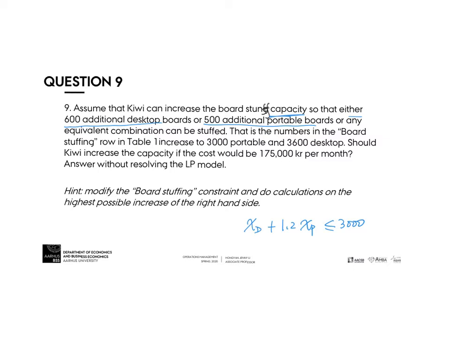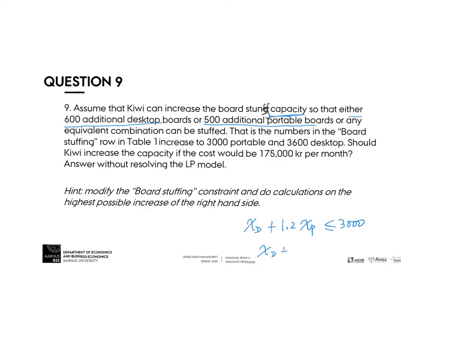If you use all these units to produce xd, then you need 600 additional. So xp equals 0, and xd equals 600, which equals the capacity of 600 units.